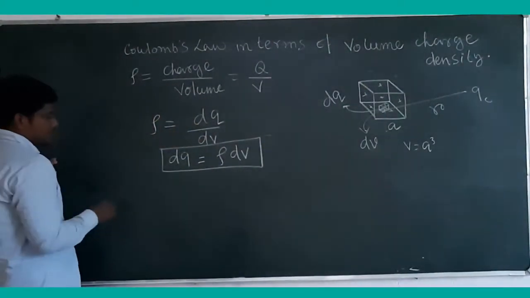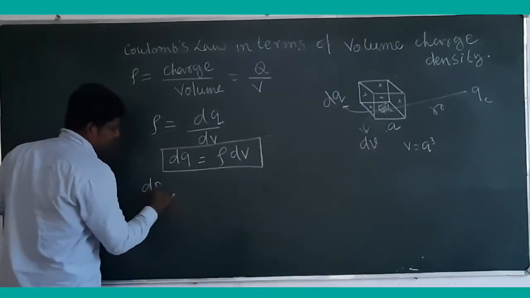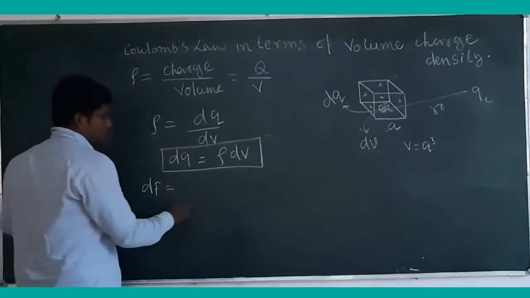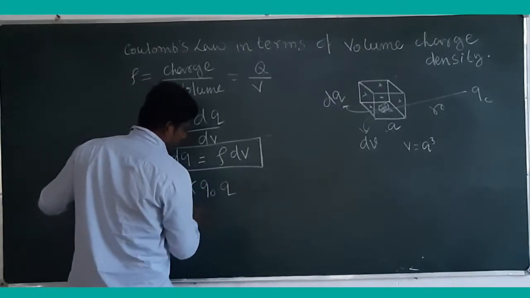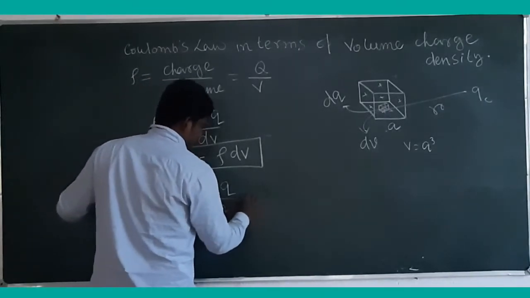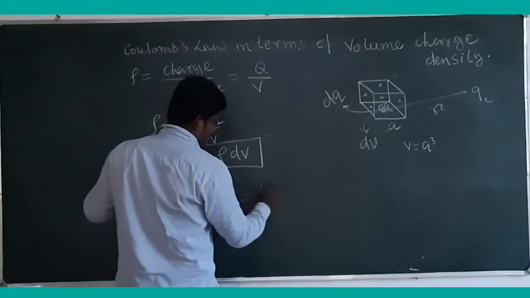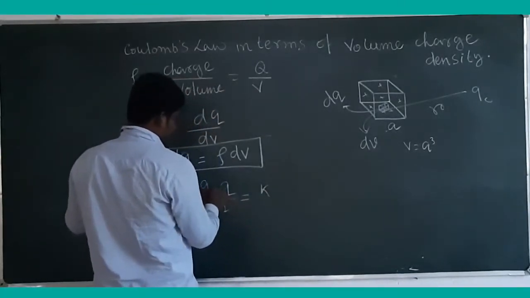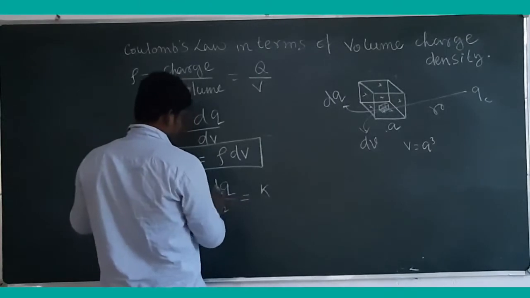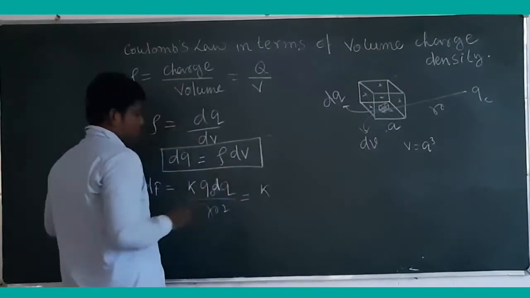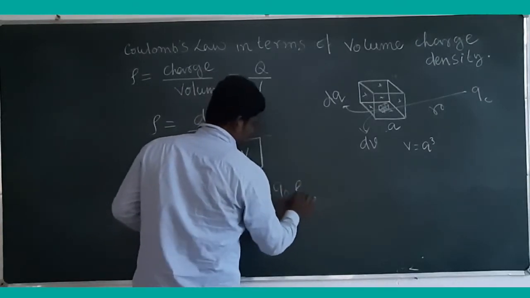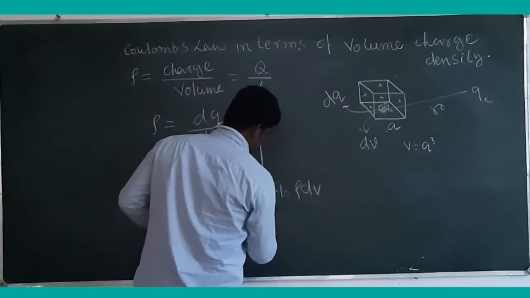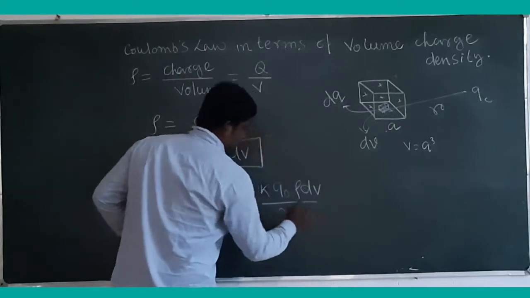Similarly we can write Coulomb's law as dF equal to K Q0 dq by r square, and this will obviously equal K Q0 rho dV by r square.